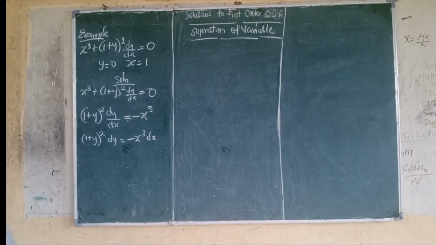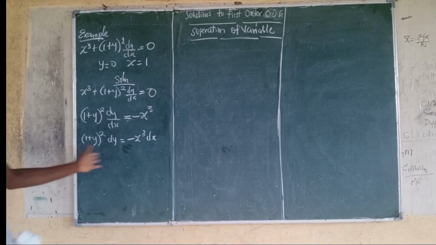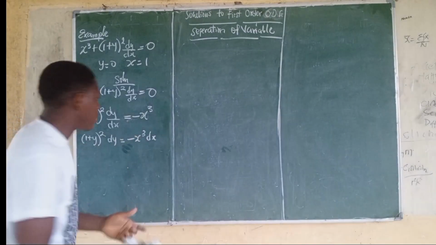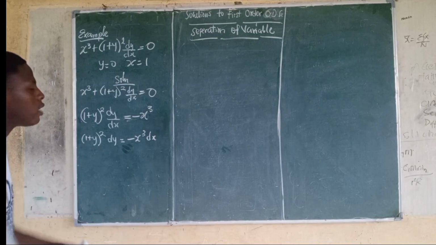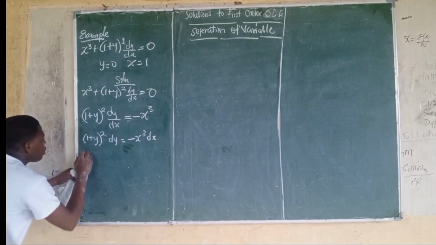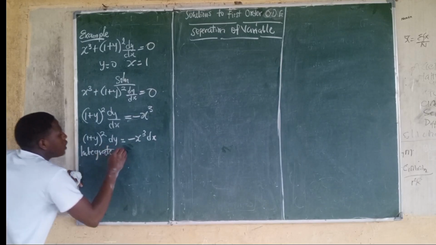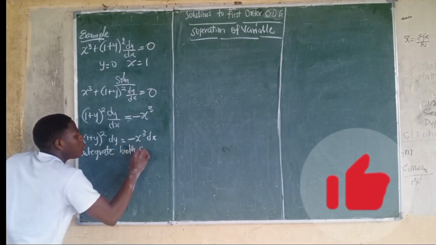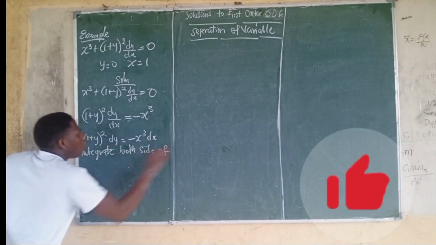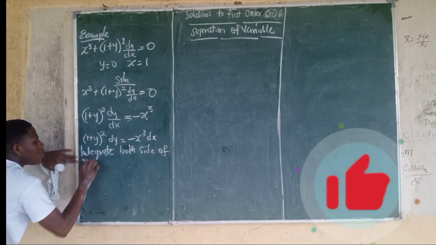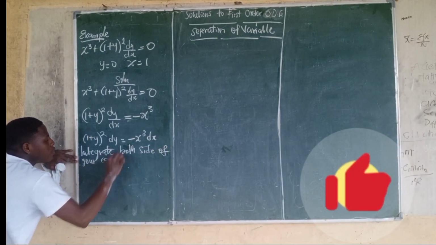So we've achieved what we wanted by separating both variables. What's the next thing? Integrate both sides of your equation.